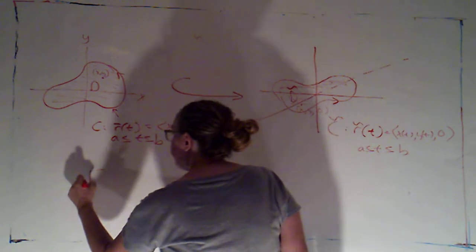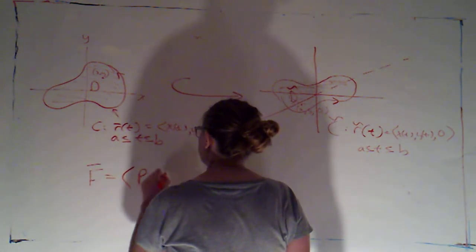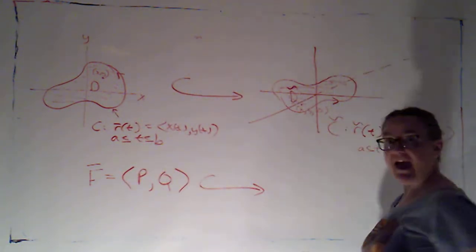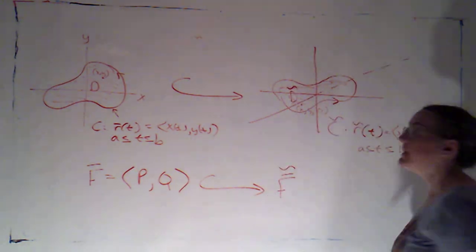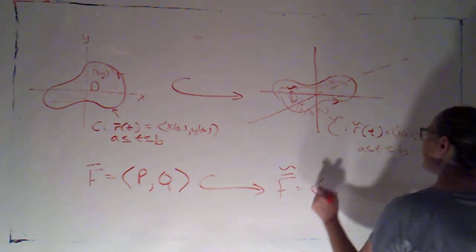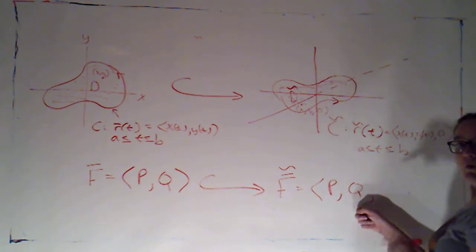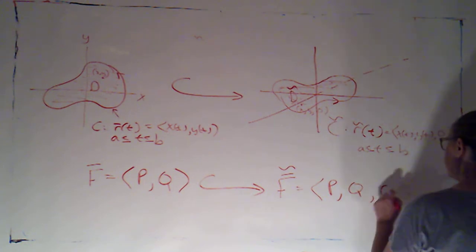I've got F, which was my vector field, which has component functions P and Q. I can embed that into 3 space. I'm going to get F tilde, which will be a vector field with 3 components, P and Q, which happen to just be functions of x and y. Z just won't show up in their formulas.